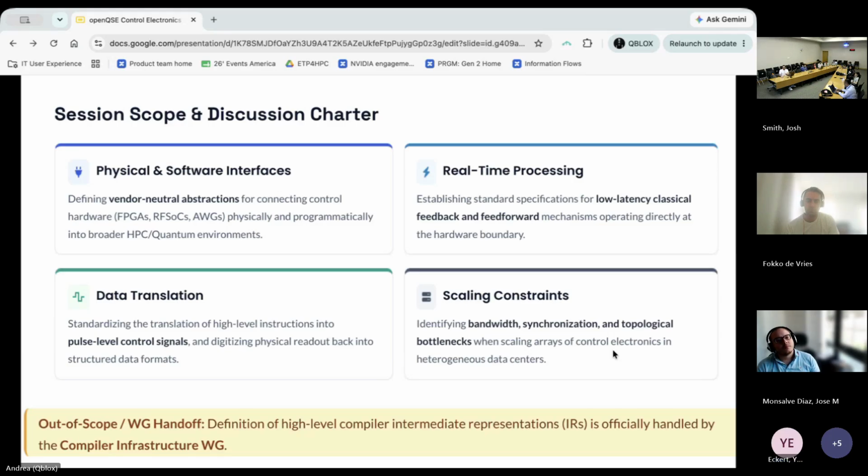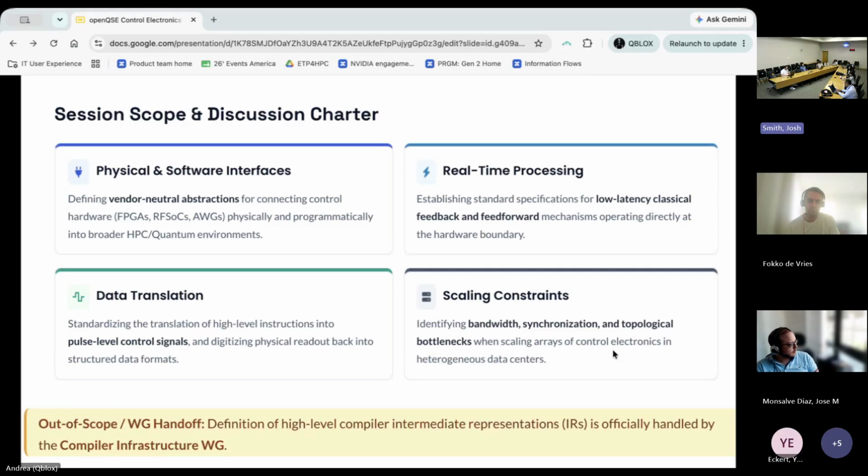For example, are we envisioning a one-to-one mapping between a controller and a QPU chip device, or are we envisioning one-to-N, N-to-M? These could also impact the rest of the QEC, HPC stack as well. And of course, the firmware that runs on top of that to orchestrate.